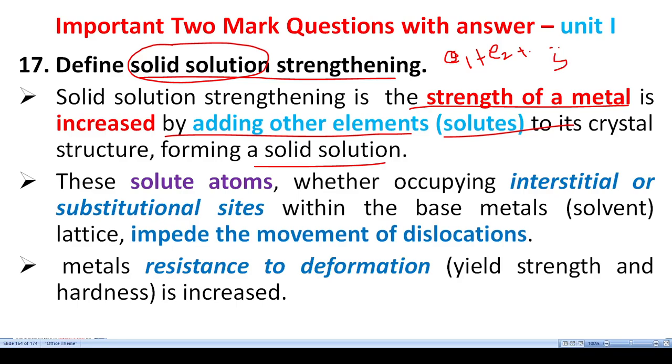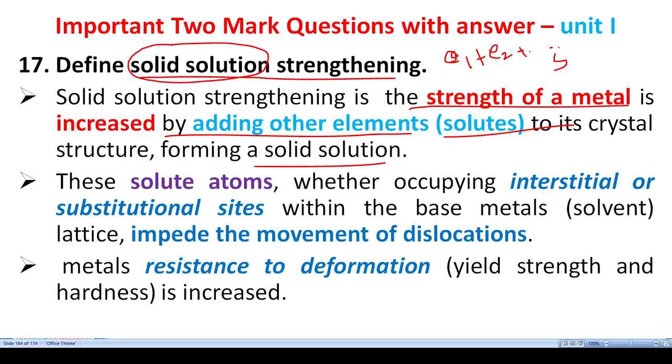One is the base material, another one is the alloying element. That alloying element changes the behavior of the base material and also enhances its properties. That is the purpose of adding alloying elements to the other material.